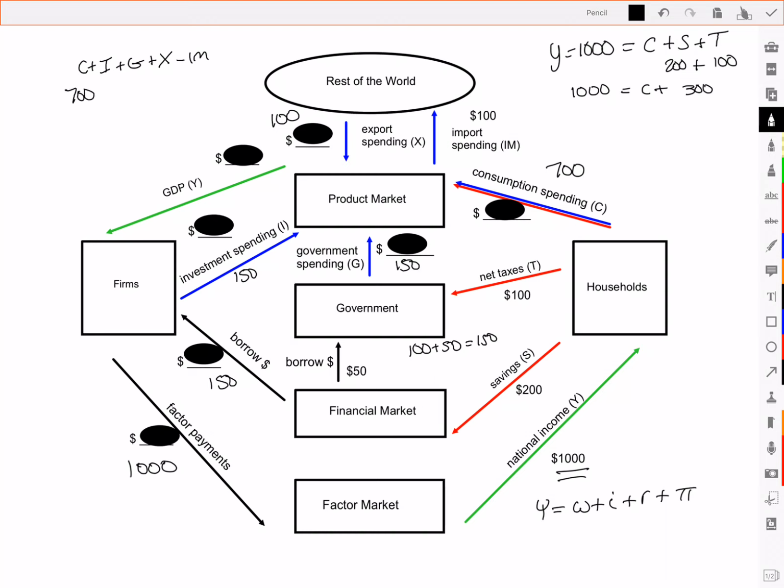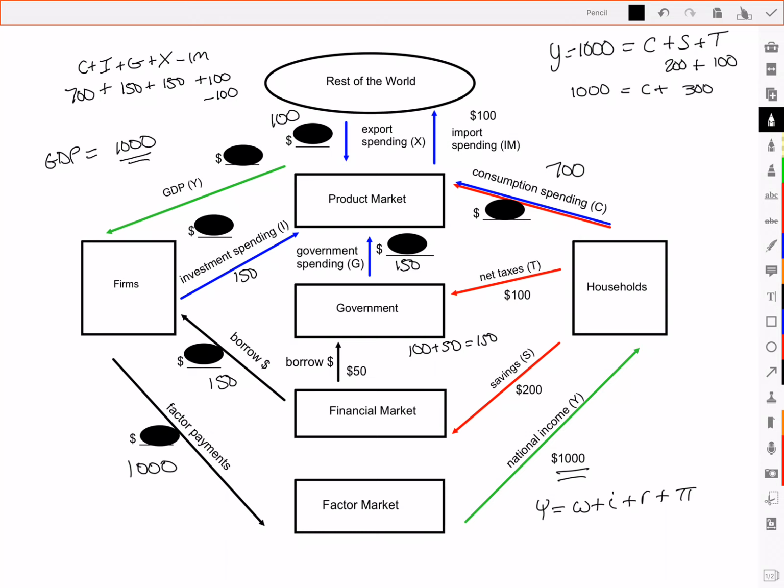So we take $700 for consumption spending plus the $150 for investment spending plus $150 for government spending plus our exports of $100 minus our imports of $100, and we find that GDP is equal to 1,000.